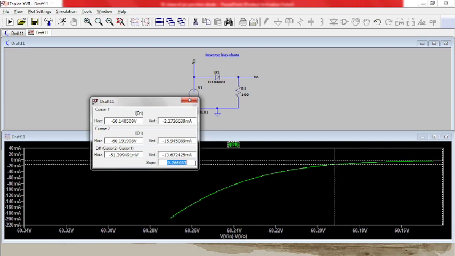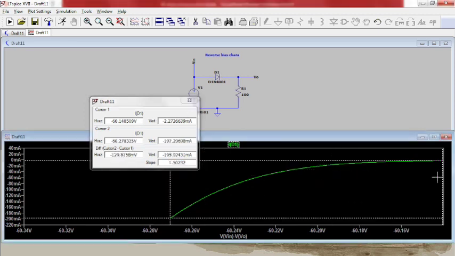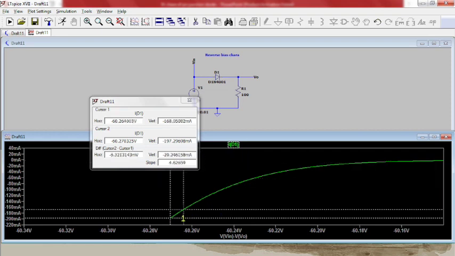That means 0.266 inverse is equal to 3 ohm. And if it comes to this part, the inverse of this slope, 4.62659 inverse, is equal to 0.21 ohm.